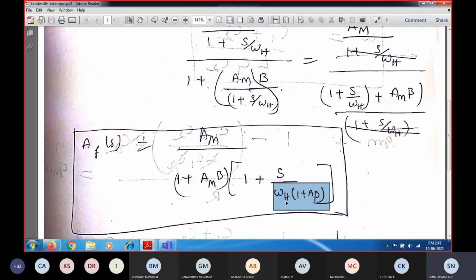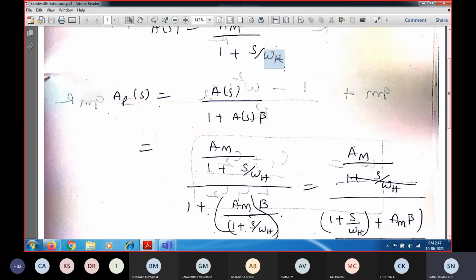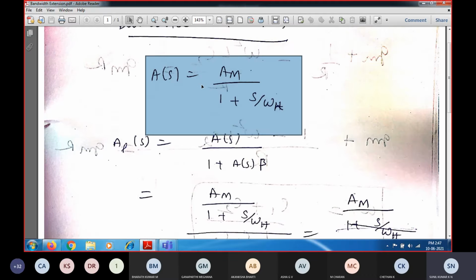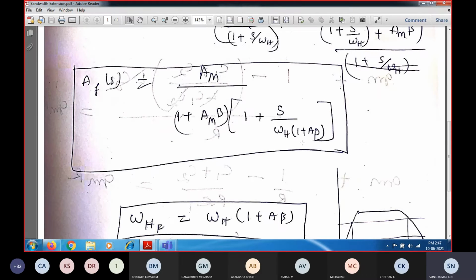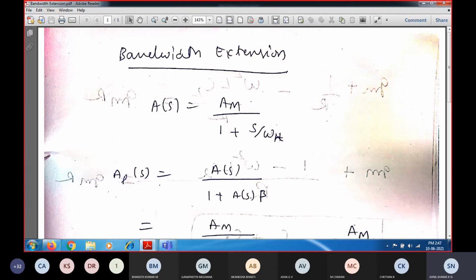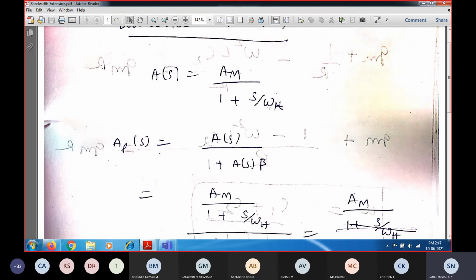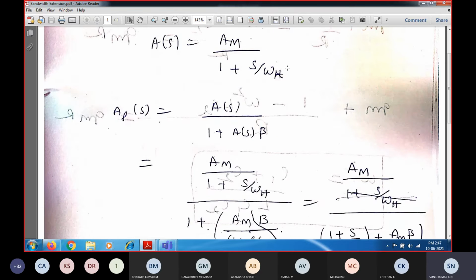The 3 dB frequency, which earlier in the amplifier expression A_M divided by 1 plus s by omega_h was only equal to omega_h, is now multiplied by 1 plus A beta. So with feedback, the 3 dB frequency increases. Suppose omega_h, the 3 dB frequency point, was 1 kilohertz.